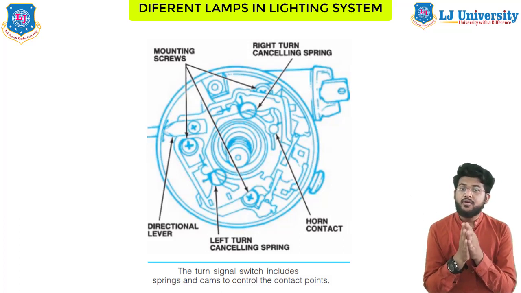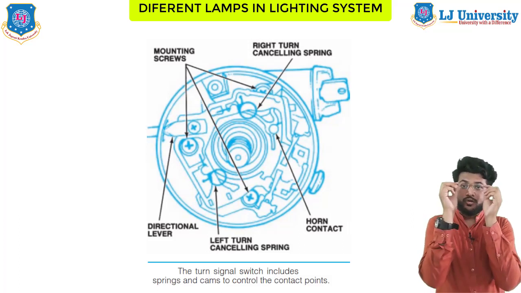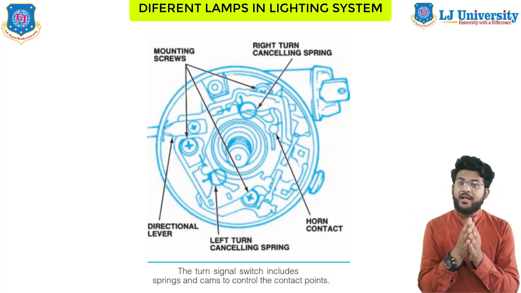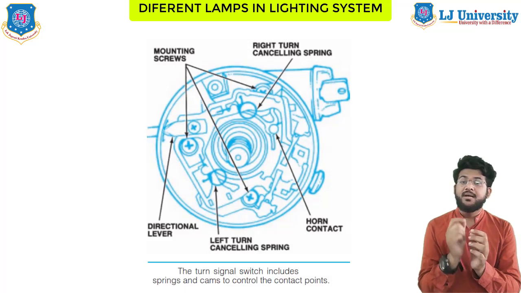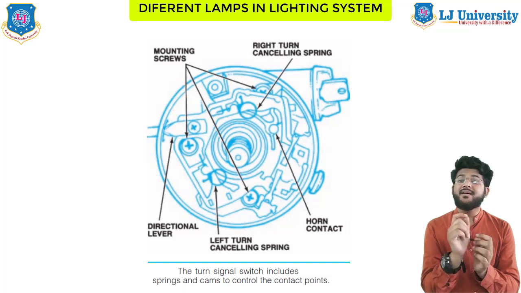In a system using separate filaments for the stop and turn lamps, the brake and turn signal switches are not connected. If the car uses the same filament for both purposes, there must be a way for the turn signal switch to interrupt the brake switch current and allow only flasher unit current to the filament on the side being signaled.